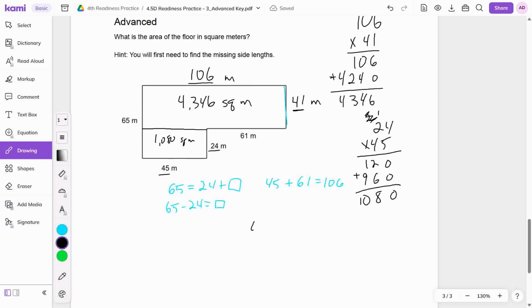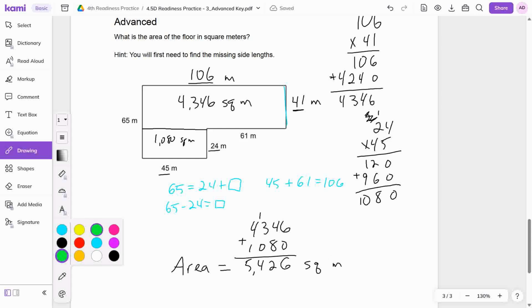So let's take my 4,346 and 1,080, add those up, and that's going to be 5,426. Okay, so the area equals 5,426 square meters. We'll put that in green as our answer.